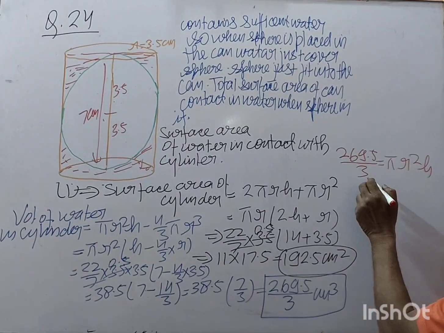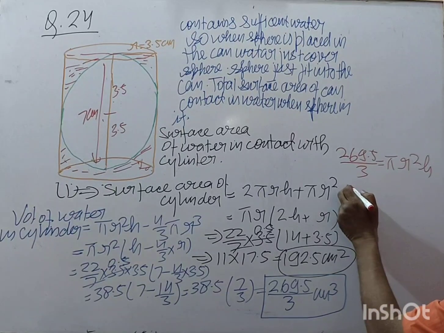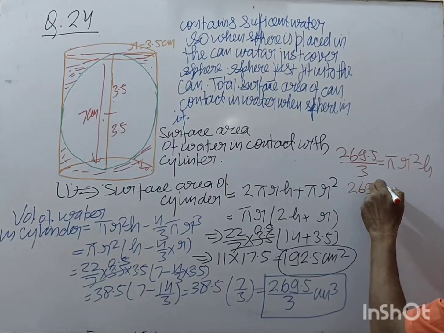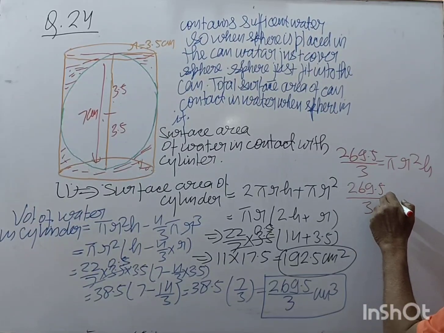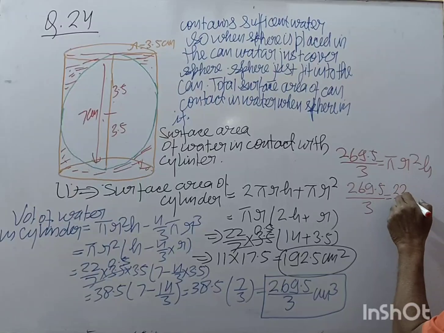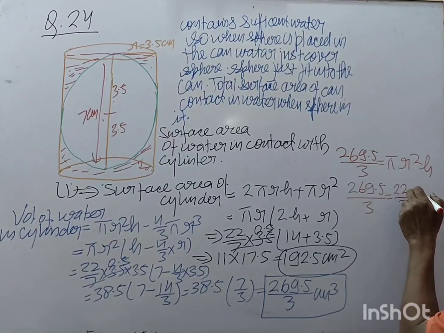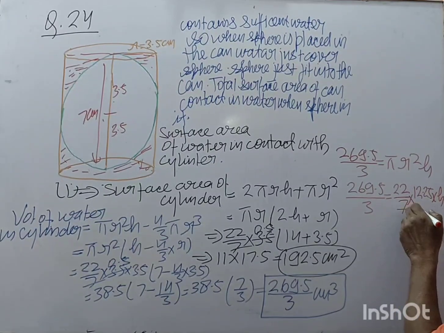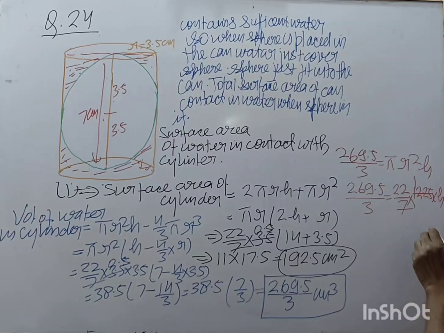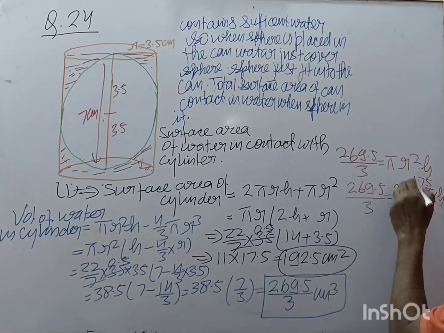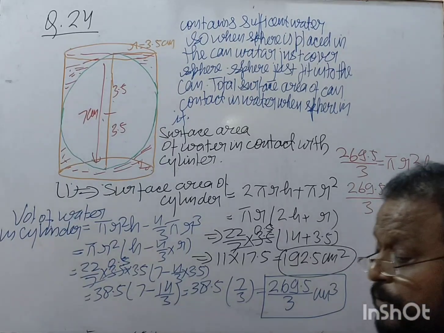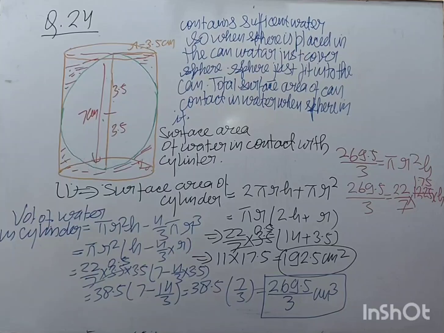Now what will be its height? 269.5 divided by 3 is equal to 22 upon 7 into 12.25 into h. 1.75 into 22 is 38.5, right?